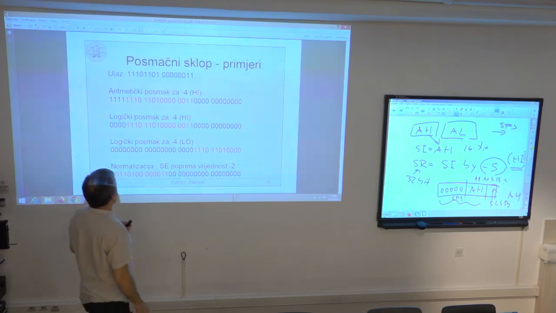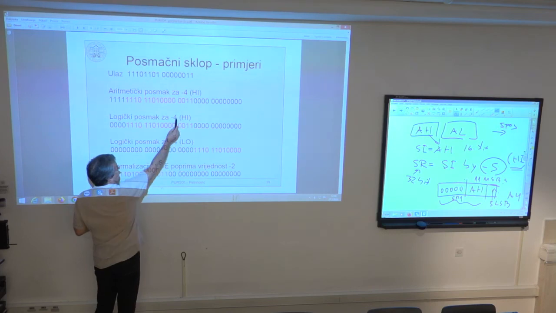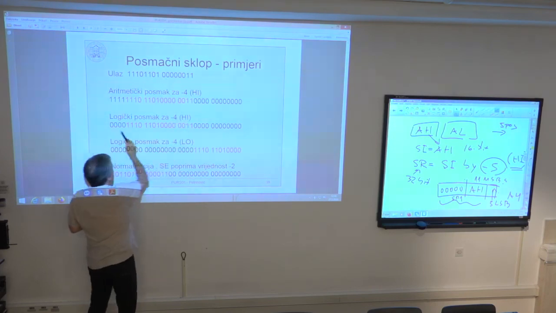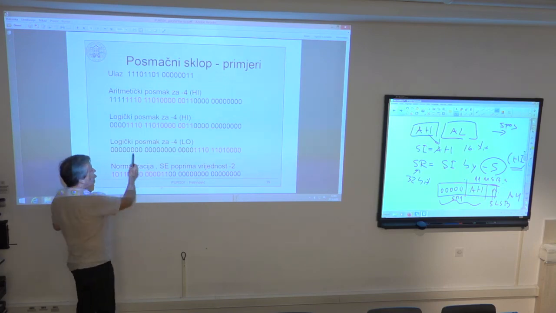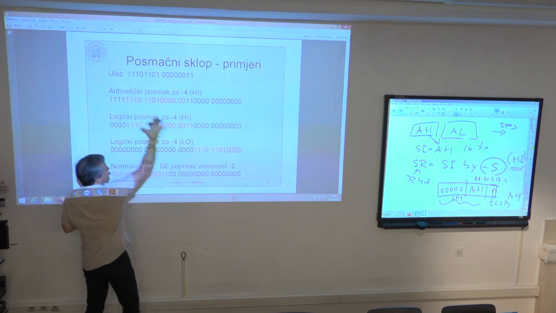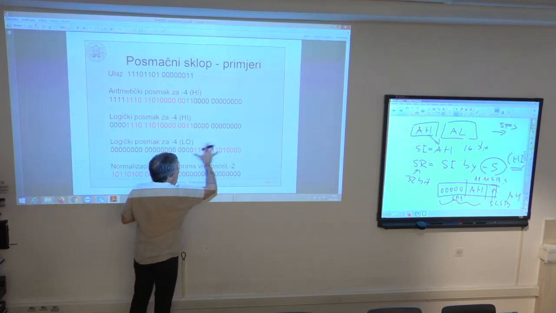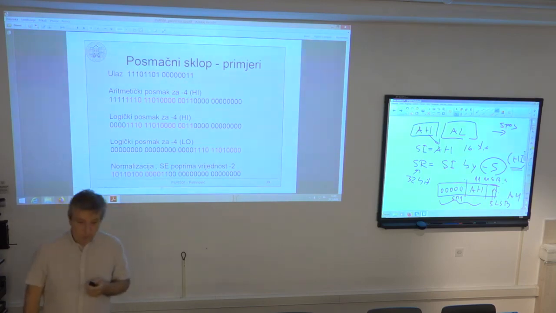If it is logical shift by -4, so 4 bits to the right, relatively high, then you always insert 0 from the left side. And as a last example, logical shift by -4 relatively low means, as if I would place this value here and then shift it logically by 4 positions to the right. Okay, so this reference is always either high or low.